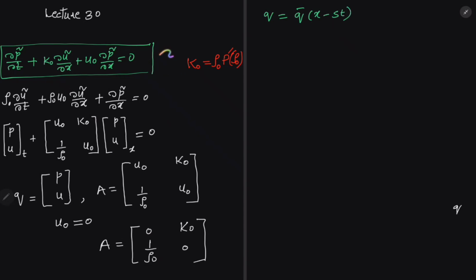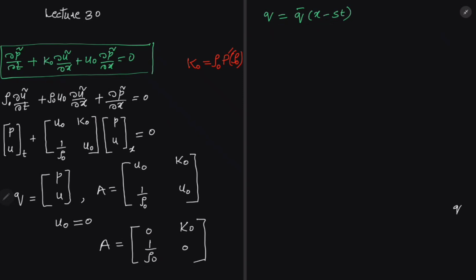Since we are dealing with the acoustic equation, in an acoustic wave we have speed as a parameter. Here you can see that this s, which is just unknown, in future will become the speed of sound. So s is the speed of sound initially. So the solution looks like this, as I explained earlier.